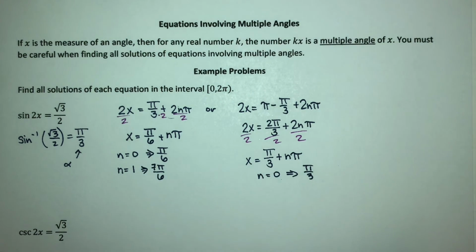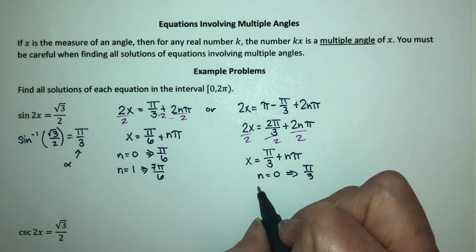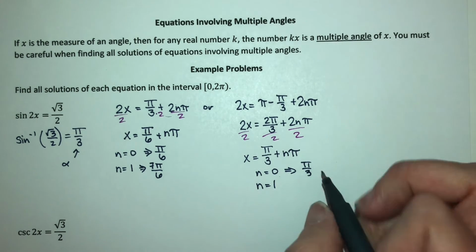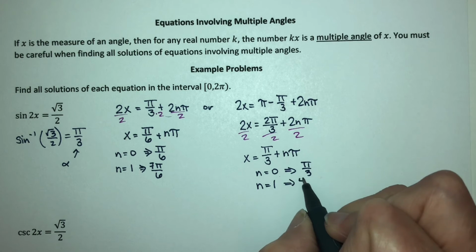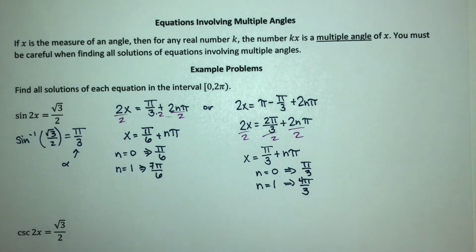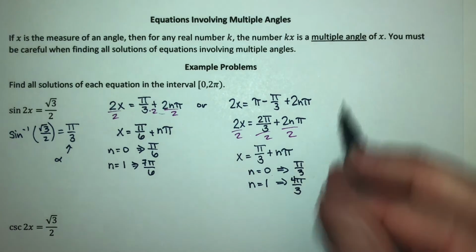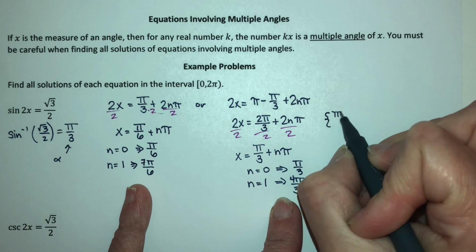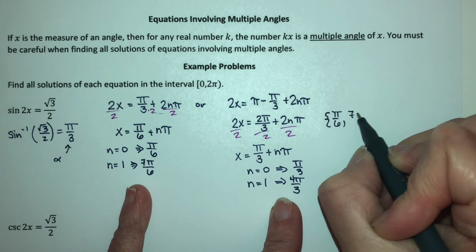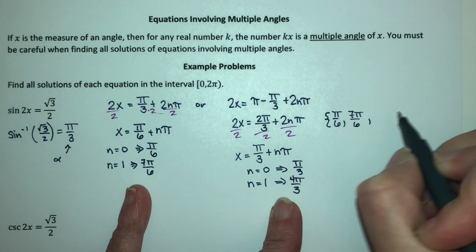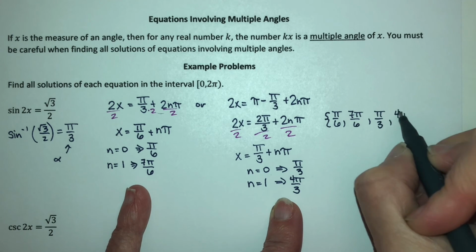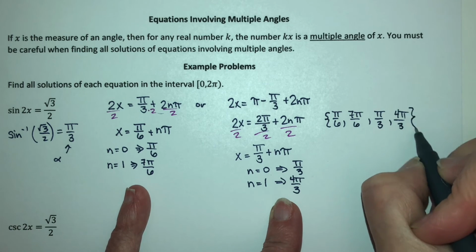And then if n equals 1, I add pi to this, then I get 4 pi over 3. And if I add pi again, then I'm above 2 pi, which is too large. So here we have 4 solutions: pi over 6, 7 pi over 6, pi over 3, and 4 pi over 3.